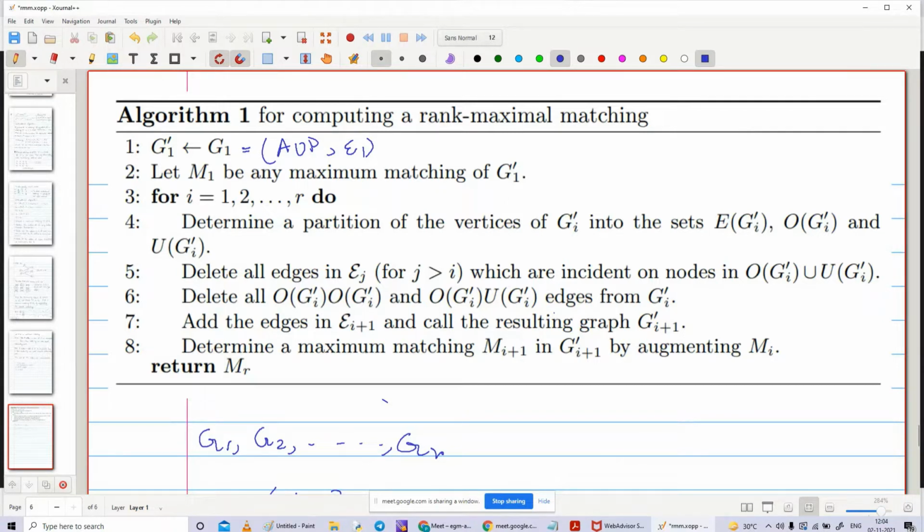Now we found a maximum matching M1 of G1 prime. Then there is a for loop from 3 to 8. First we partitioned the vertices of G prime I into EI, OI and UI: the even vertices of G prime I, this is odd, and this is unreachable.